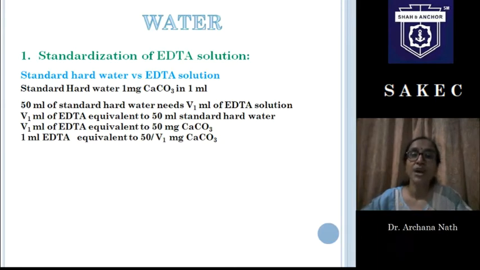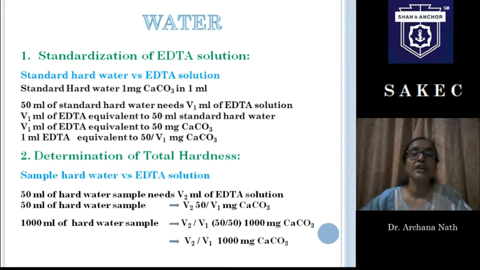That means V1 ml of EDTA is equivalent to 50 milligram of calcium carbonate, because in 1 ml standard hard water we have 1 milligram calcium carbonate. So 50 ml standard hard water will definitely be 50 milligram calcium carbonate, right? So from this step we can calculate 1 ml EDTA is equivalent to 50 by V1 milligram of calcium carbonate. This we have to find out first.